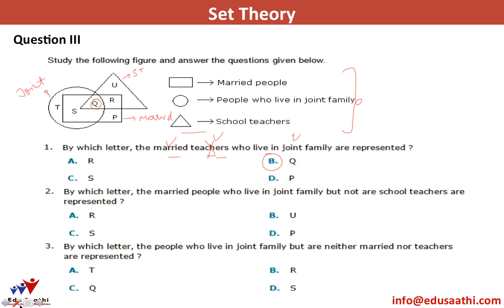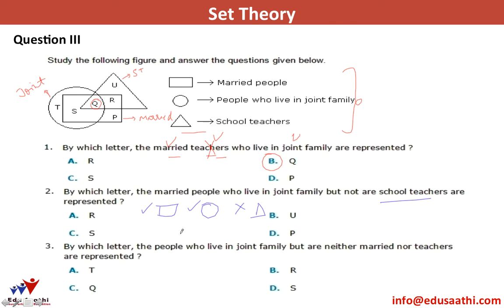So what is my right answer? Q. We'll change the ink color for the second question. By which letter the married people who live in the joint family but are not school teachers represented? So I need married people, I need the rectangle, then I need live in a joint family. So the number should be inside a circle but not inside a triangle.